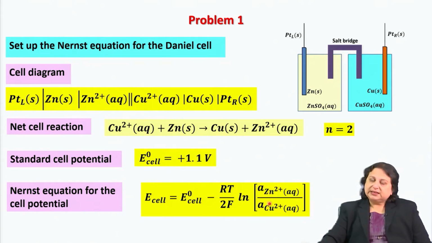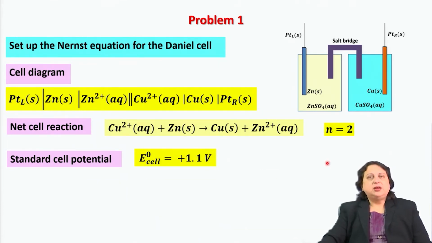So, depending on the experimental setup, you can very easily go ahead and compute the cell potential for this particular cell. Therefore, E cell is dependent on the concentration of the zinc sulphate solution and the copper sulphate solution taken to construct the cell.